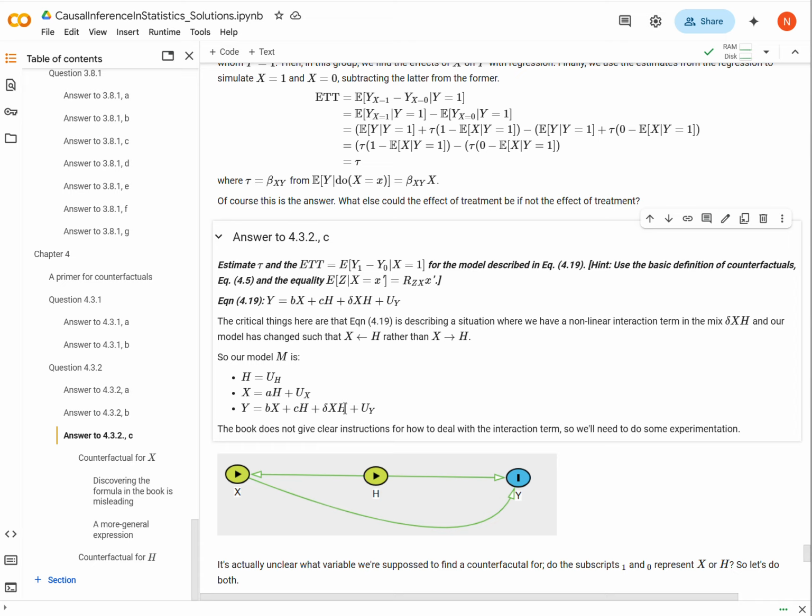So there's an interaction between X and H. In other words, the effect of X depends on the level of H, or stated equivalently but oppositely, the effect of H depends on the level of X.